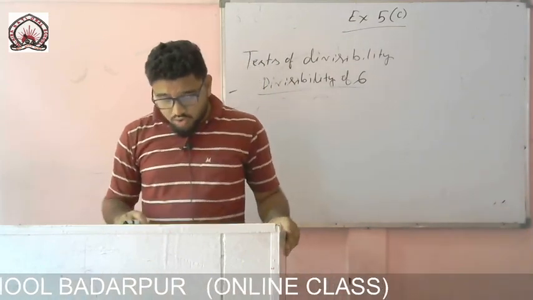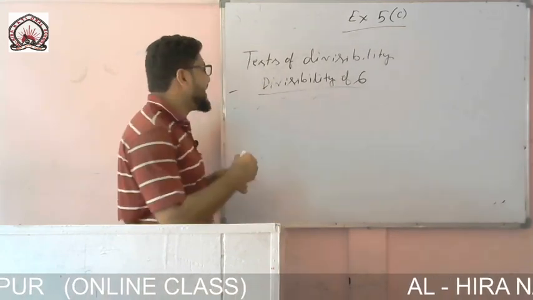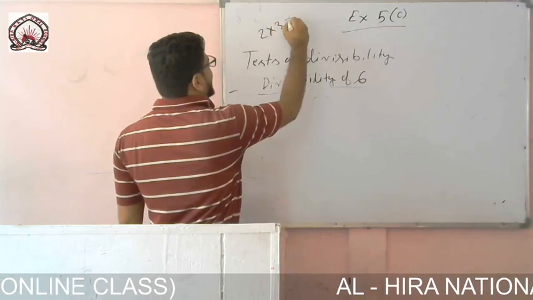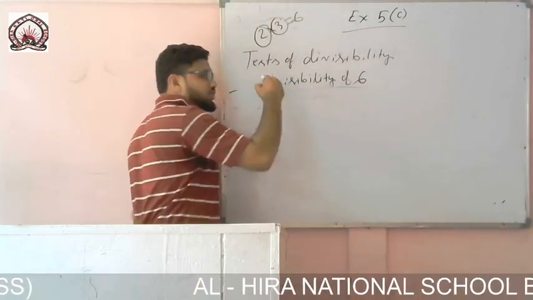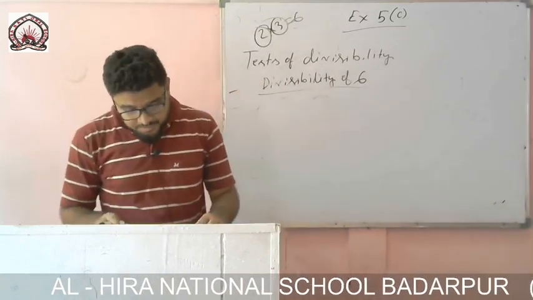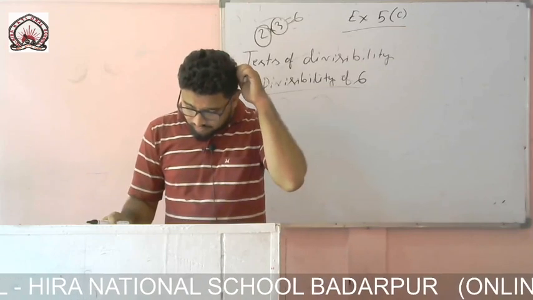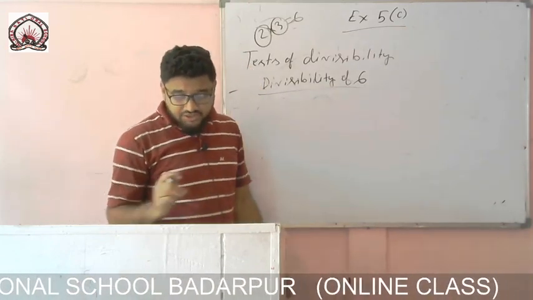To check the divisibility of 6 we need to check by 2 and 3, because 2 3s are 6. If a number is divisible by 2 and 3 both, then the whole number is divisible by 6. Suppose, for an example, you see 3360.